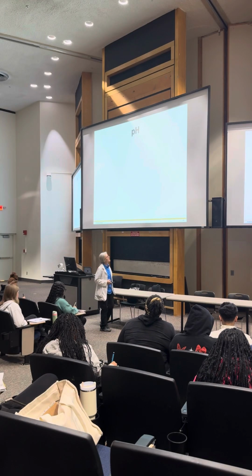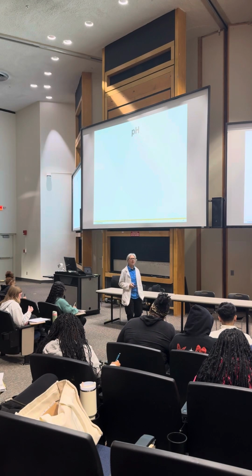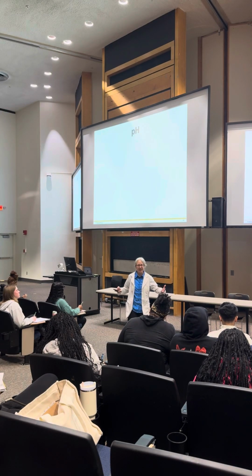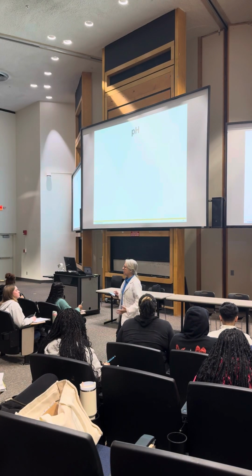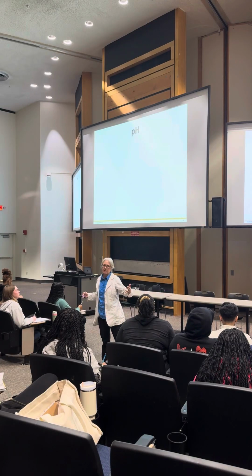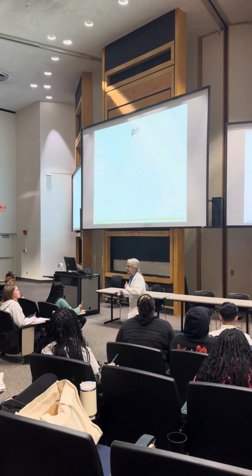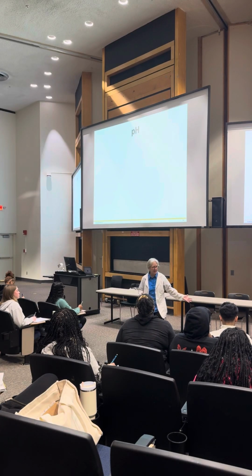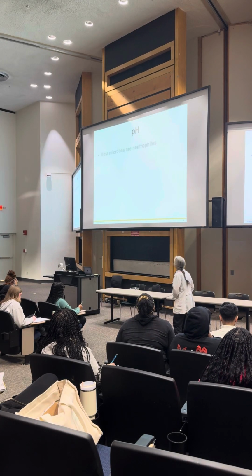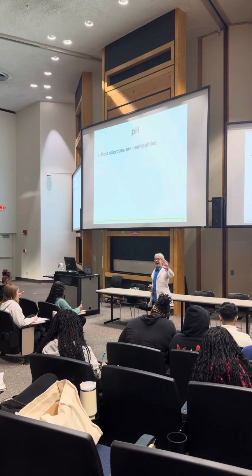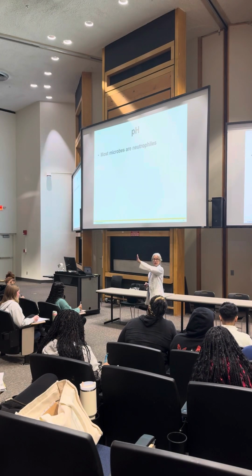All right, pH. Hopefully you know what pH is. You don't have to know what pH stands for. But when I say pH, what comes to mind? Acidic, alkaline, acids, bases, right? So we have acid, neutral, base.